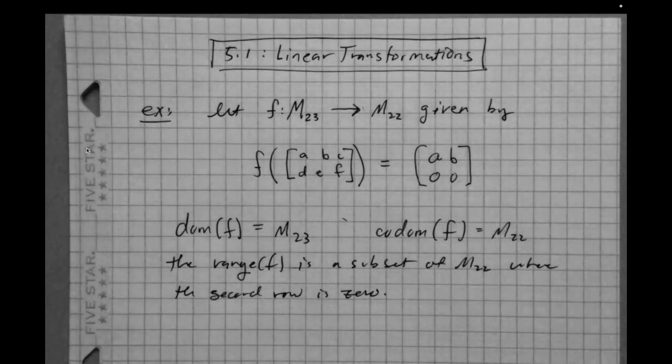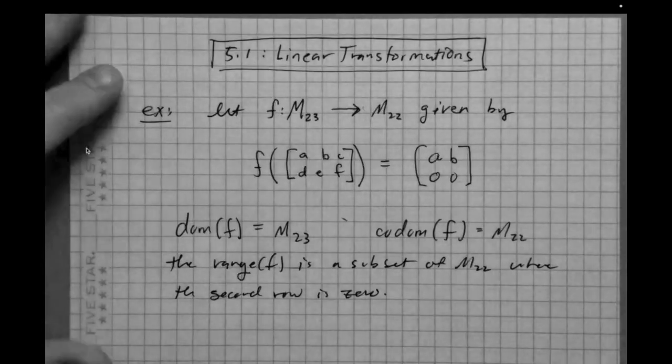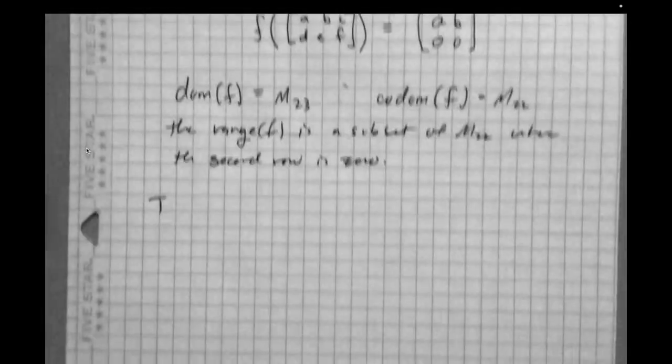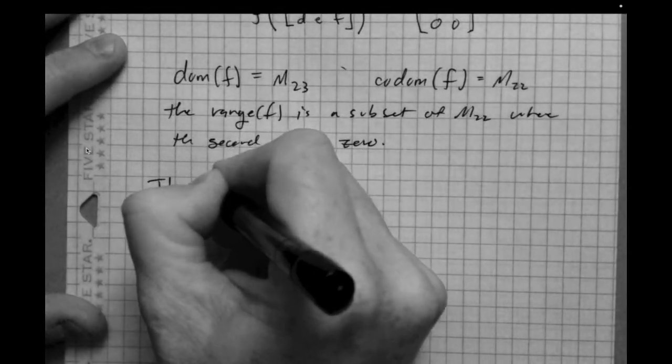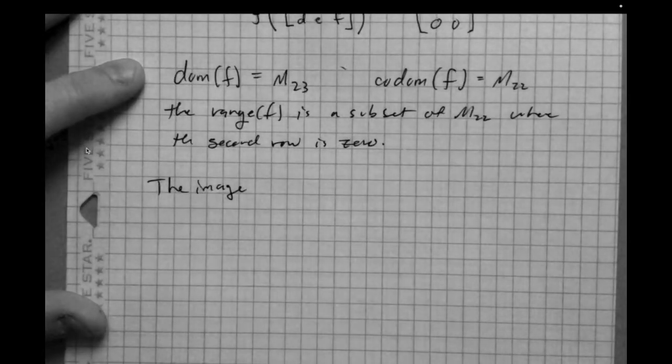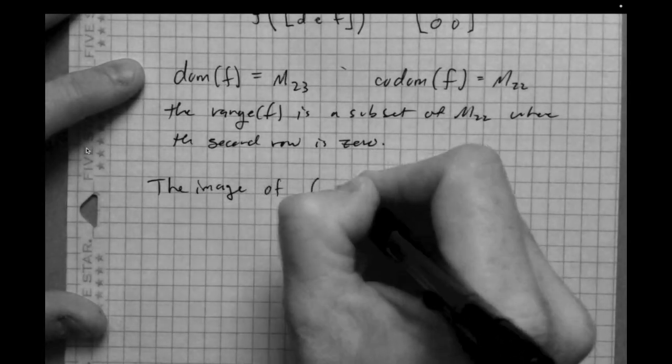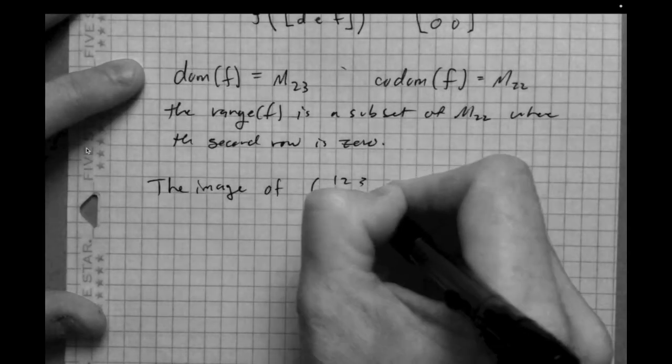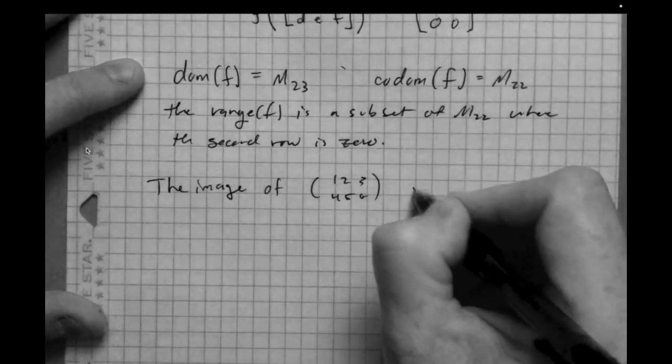Now notice there are lots of elements in M23 that map to a given M22 element. For example, the image of the matrix 1, 2, 3, 4, 5, 6 is what?